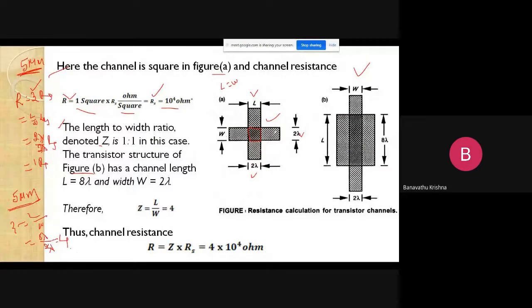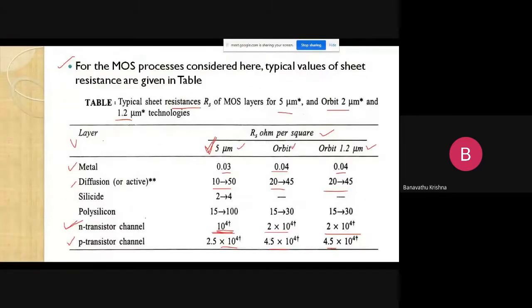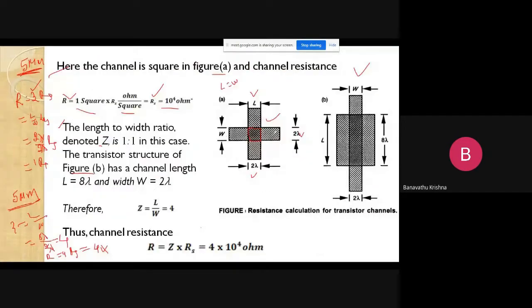Now I want to calculate R equals 4 into Rs. This is the NMOS transistor, and the N transistor channel resistance value in 5 micrometer technology is 10 to the power of 4, so I take that value here.